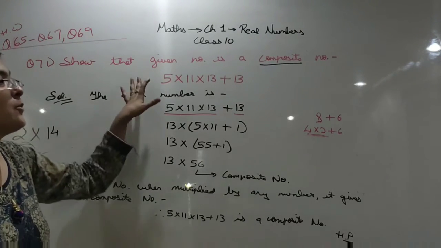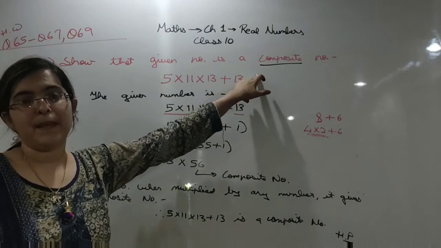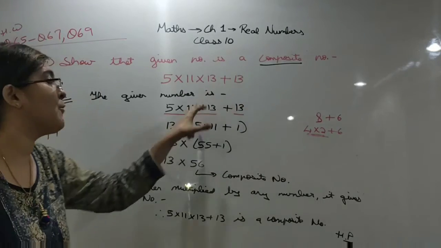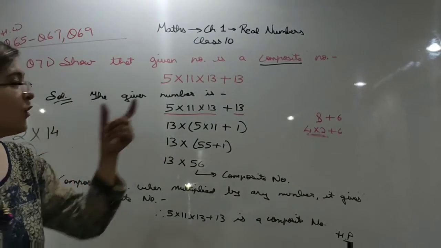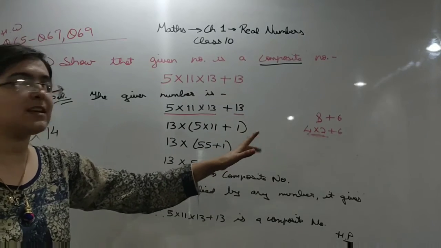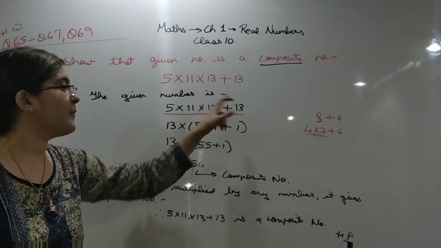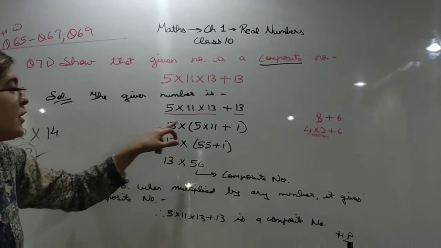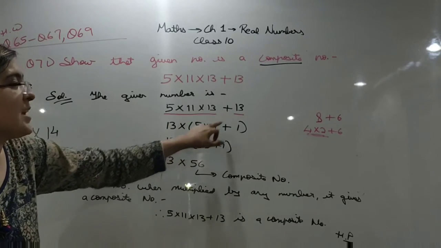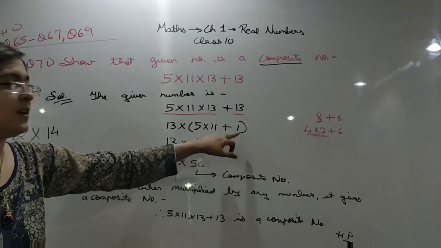Is it clear? What was our question? A number was given. First we identified how many terms are there. This is termed as one term, because they are in multiplication. From these both, what is common? 13 is common, we have taken it out. Now what is left here? This much, and here only 1 is left.